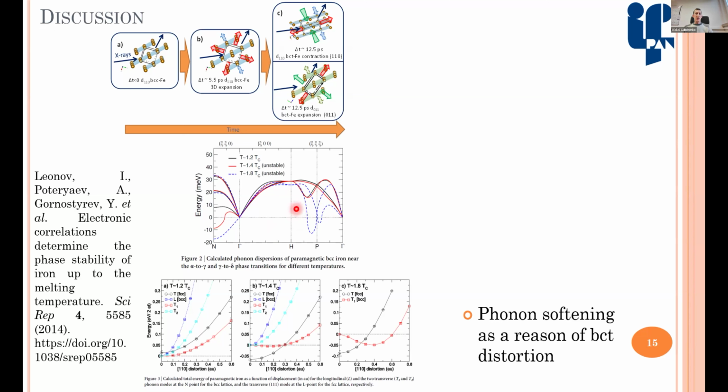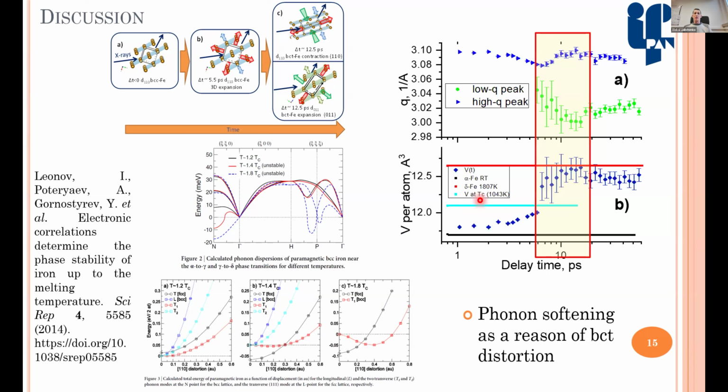And this lattice instability makes the BCT lattice more energy favorable, and it is the so-called and well-known Bain phase transition path from BCC to FCC iron.